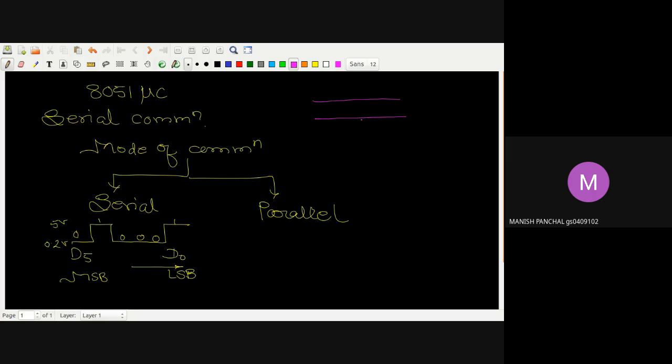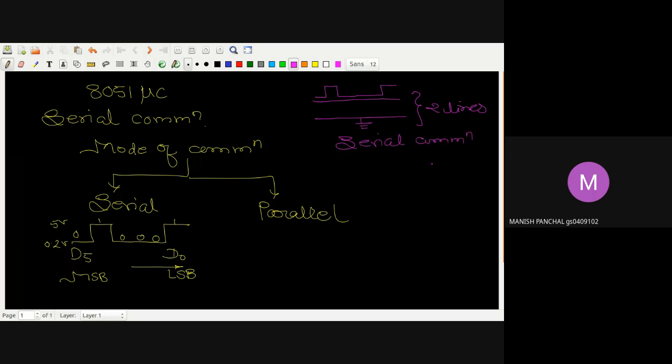It is possible that this line will be grounded, and at this point you can send the data, for example, like this. Only two lines are available in serial communication. So this is the mode of serial communication.